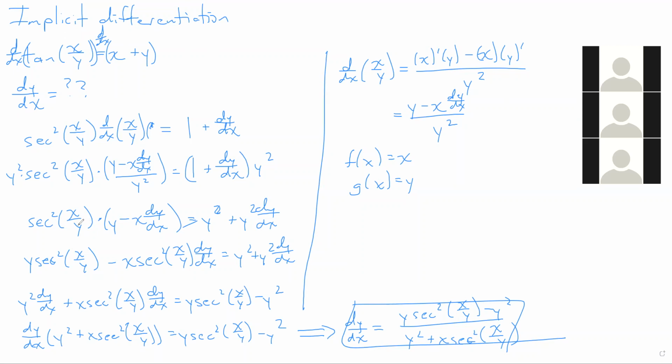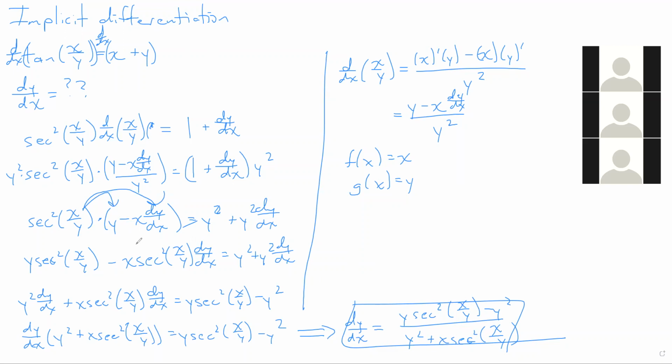The only thing I did from this line to the one below it is that I distributed secant squared of x over y to both the terms in this bracket here. Or do you think I did that wrong? I think that's okay.